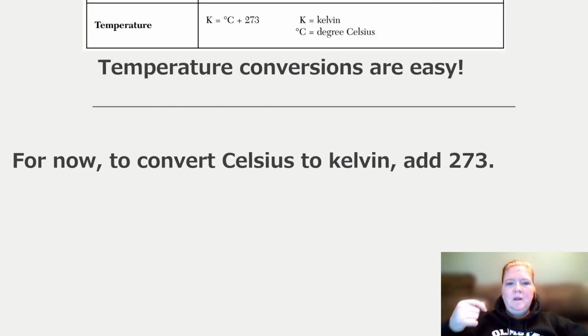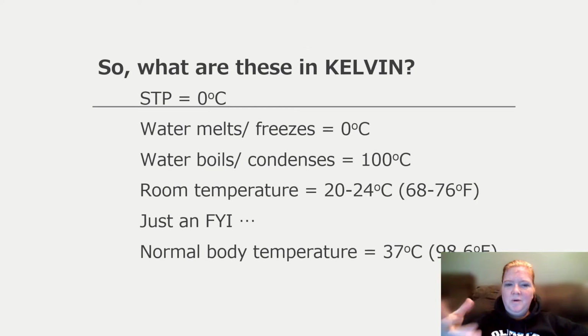Okay, you have to know how to do temperature conversions, but there's a formula. In a later unit, we're going to do more with conversions. For now, realize that if you want to change from Celsius into Kelvin, all you do is add 273. STP was 0 degrees Celsius, so you add 273.